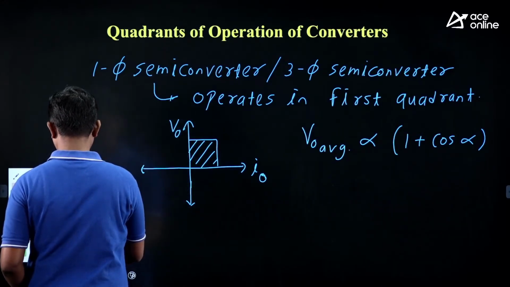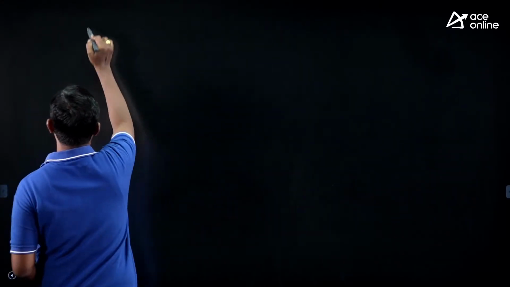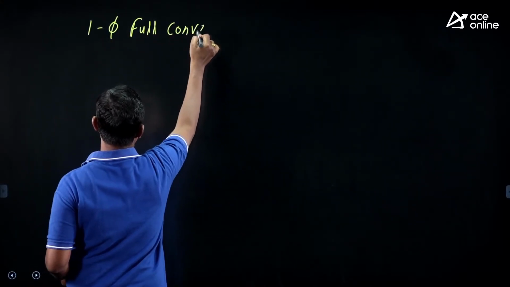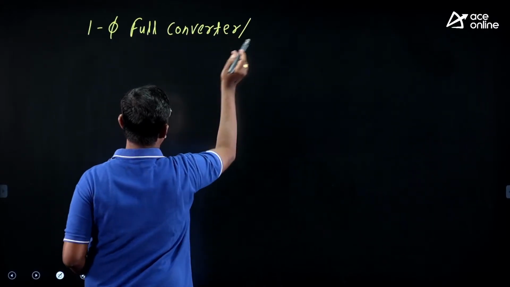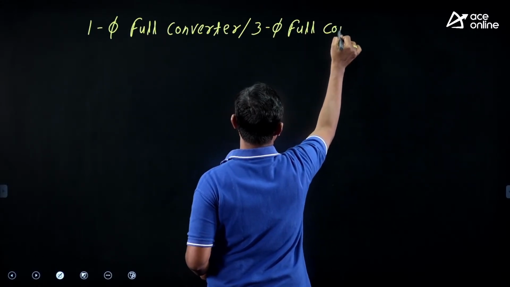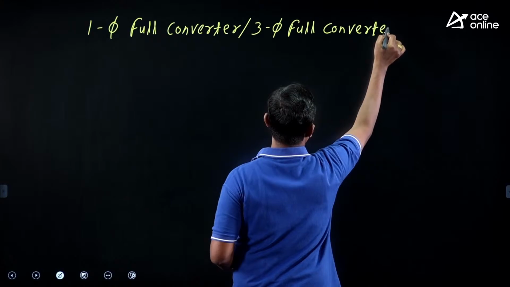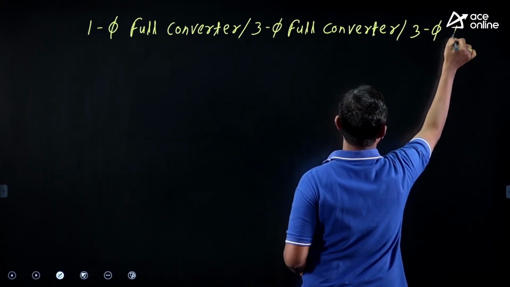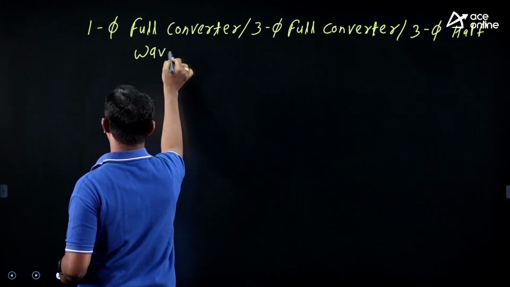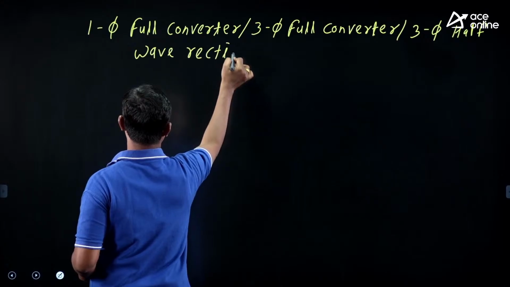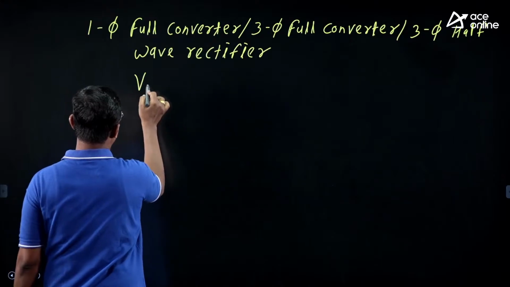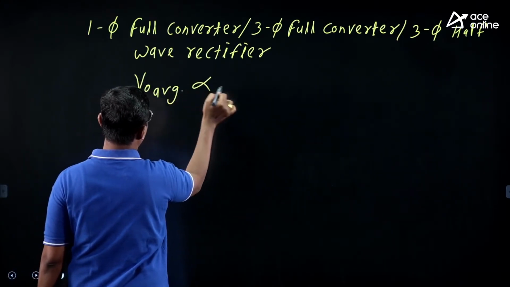Next is the single phase full converter, the three phase full converter, and the three phase half wave rectifier. In all these three cases, your V0 average is proportional to cos alpha.